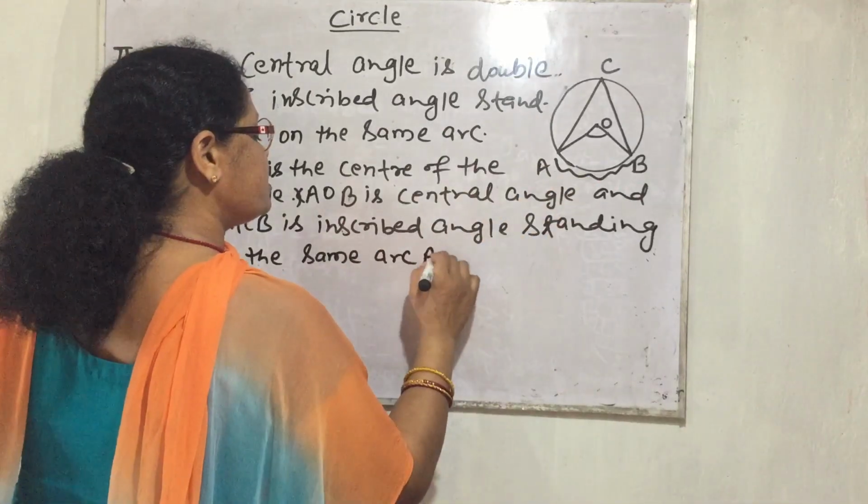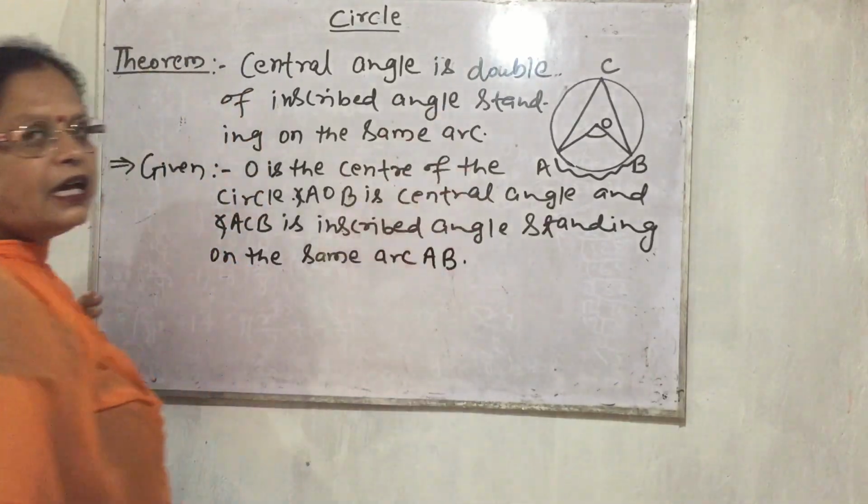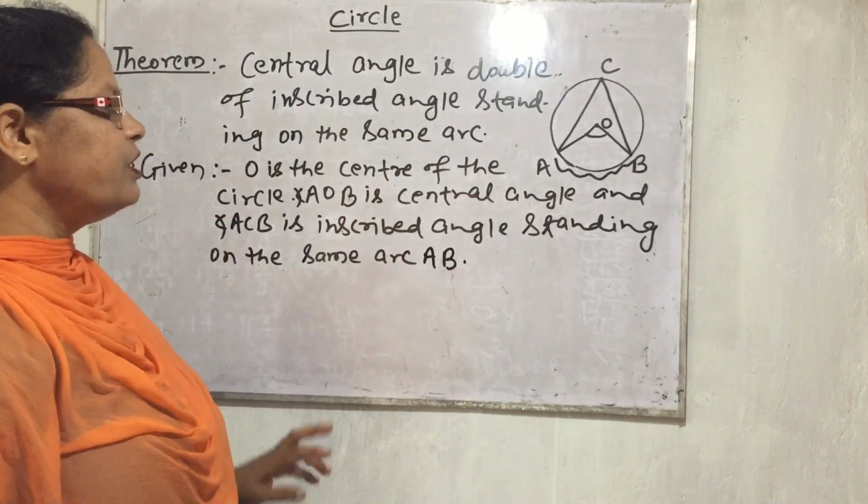Which arc is given? Arc AB. It is given.